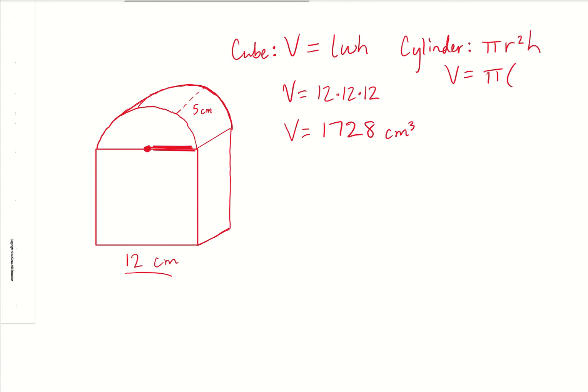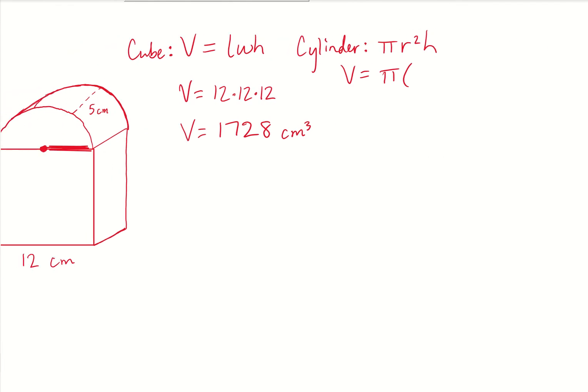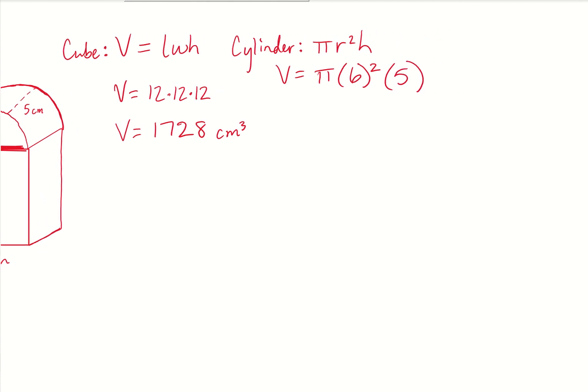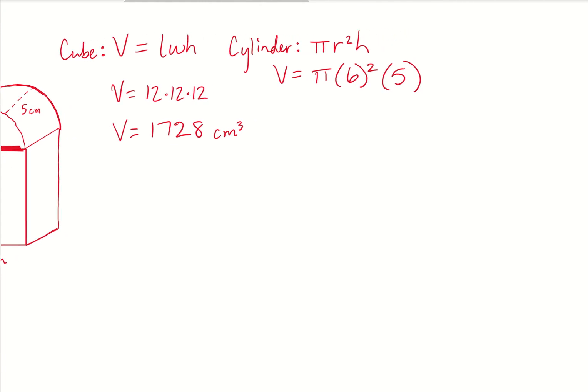We can see that because the diameter has to be 12 here. So since it's half of 12, it'll be 6. And then the height was 5. Sorry, I said 5 was the radius earlier, but 5 is the height. Okay, so now I'll have V equals pi times 36 times 5.